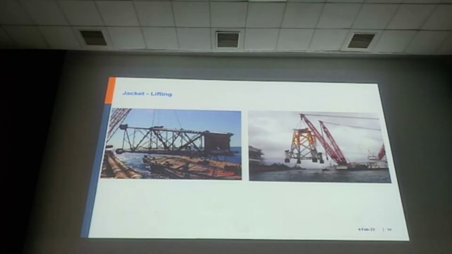This is the lifting arrangement of the jacket. They are lifting horizontally, but everything is dependent on whether you have sufficient barge capacity or not. If you don't have sufficient lifting crane capacity, then we may need to launch the jacket into the water. If we need to go for launch, then we need to make sure that sufficient buoyancy of our barge is maintained.